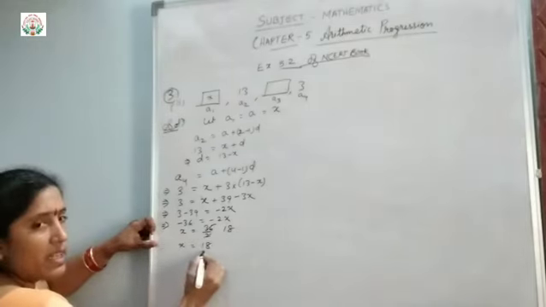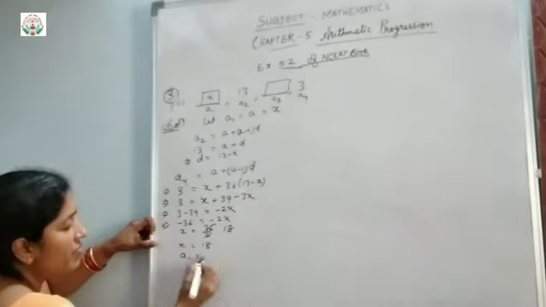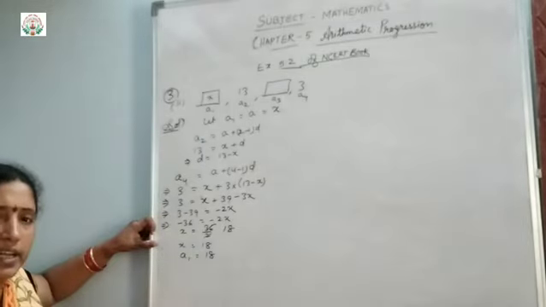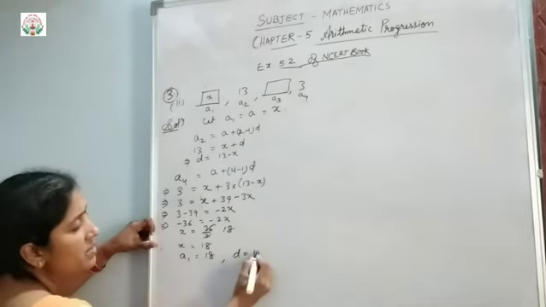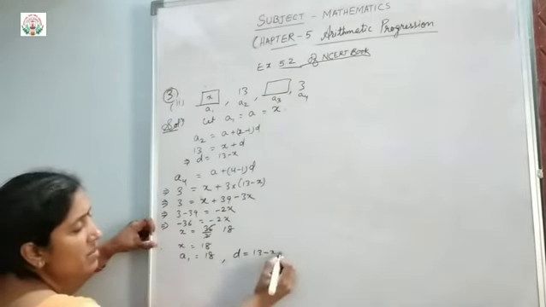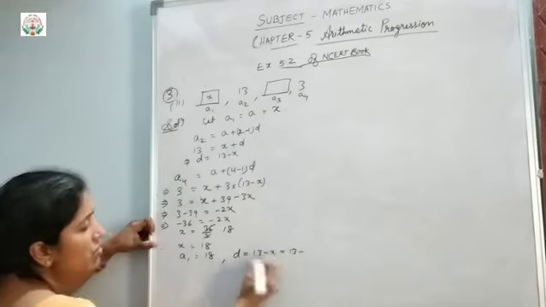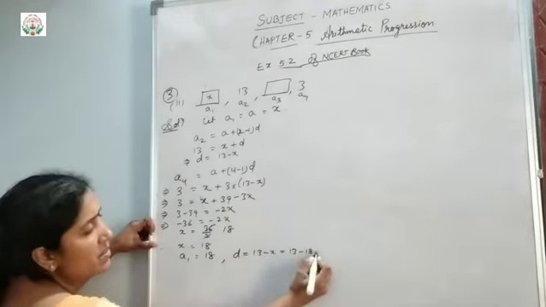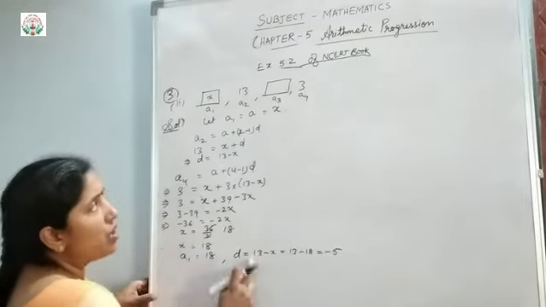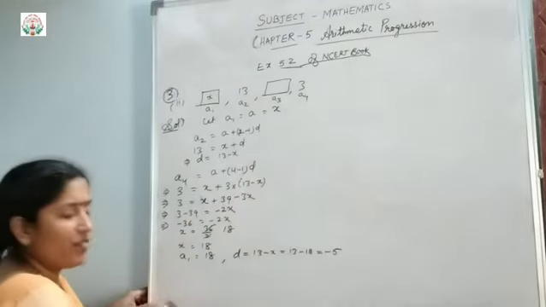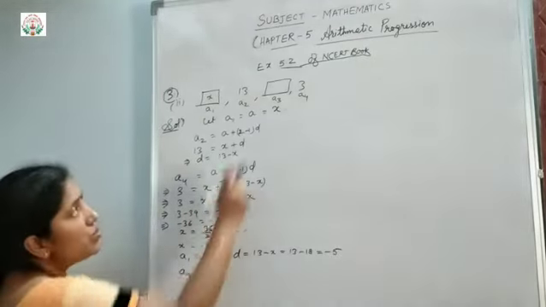What is X? That is A1. A1 is 18. Now what is D? D means 13 minus X, which is 13 minus 18, so minus 5. Now A and D you got. Can you find the third term? A3 is also not there.